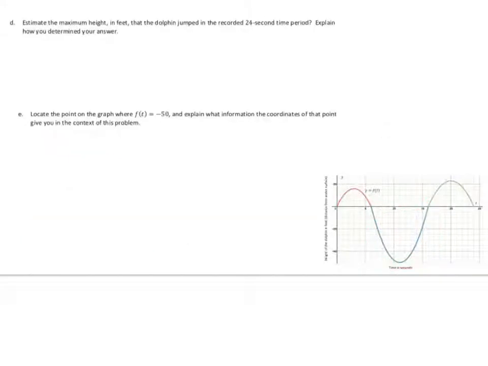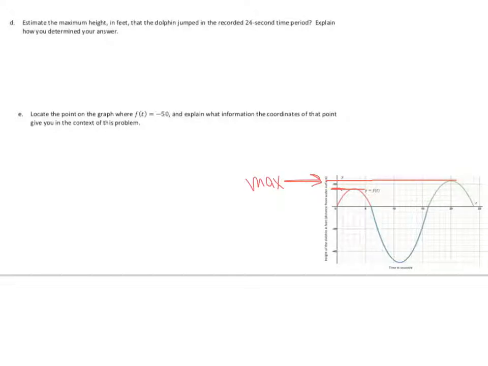Next question. Estimate the maximum height in feet the dolphin jumped in the recorded 24-second time period. Explain how you determined your answer. It looks like the dolphin reached that height at one point, but the second leap out got a bit taller. So that would be our maximum height, right?